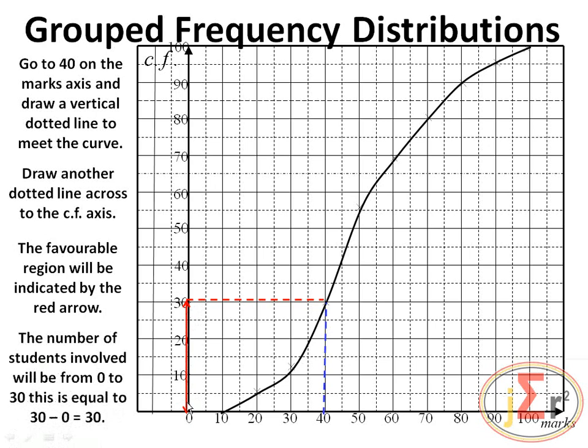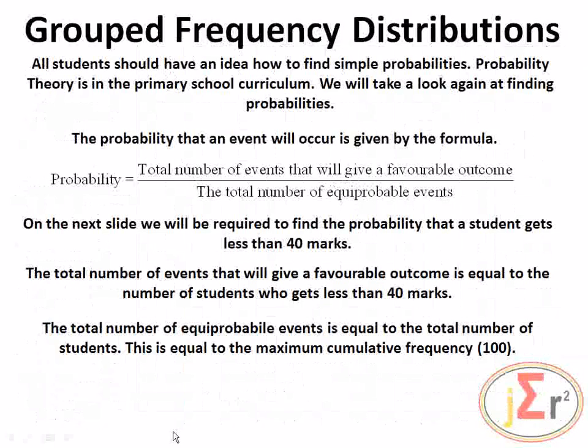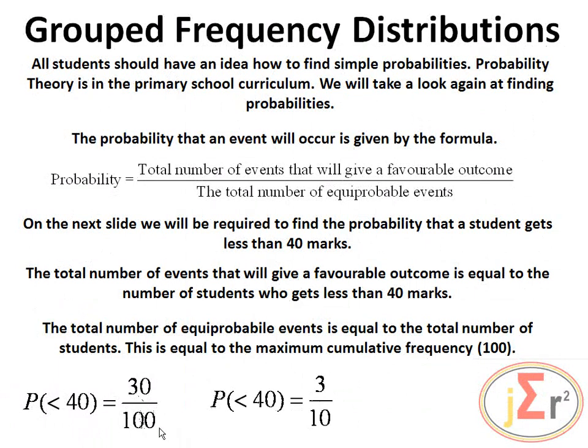The number of students involved will be from 0 to 30. This is equal to 30 minus 0, which is equal to 30. So those students in this region, 30 students. So what is the probability? The probability of getting less than 40 is 30 over 100, and we may write that as 3 over 10 or 0.3.